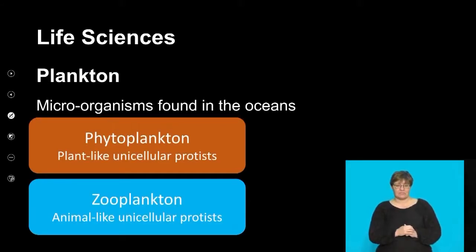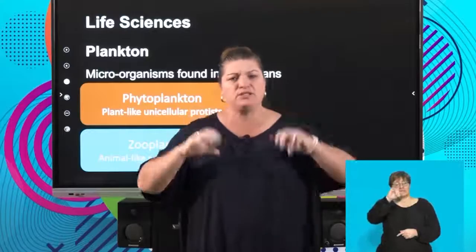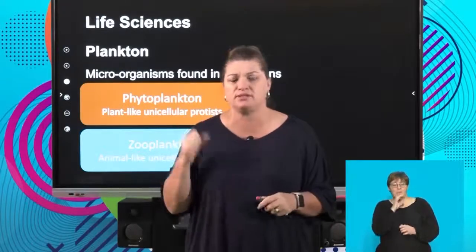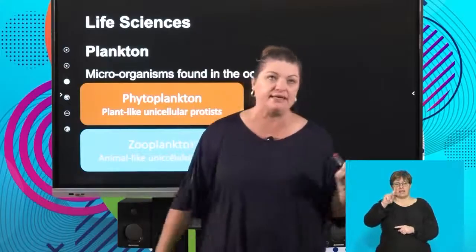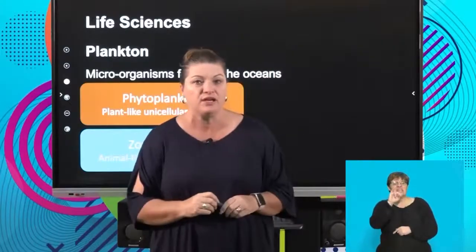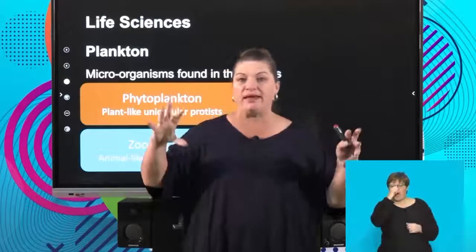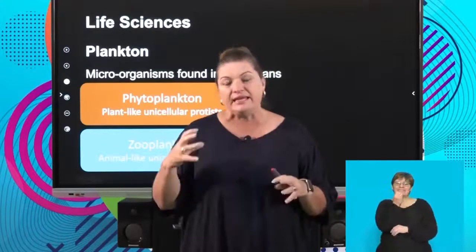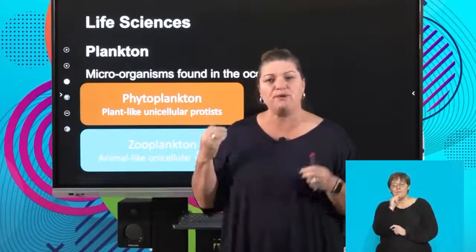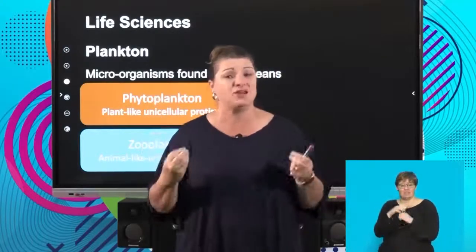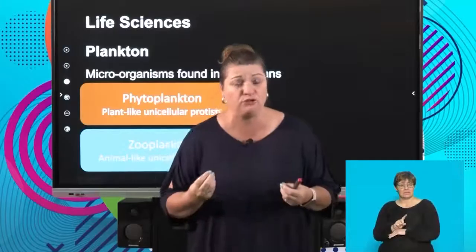Now, also in this group of protists are really important little microorganisms called plankton. And I'm sure some of you might have watched Finding Nemo or those kind of cartoons where the whales ate the plankton. And again, plankton are little microscopic structures that form the base of a lot of aquatic food chains.